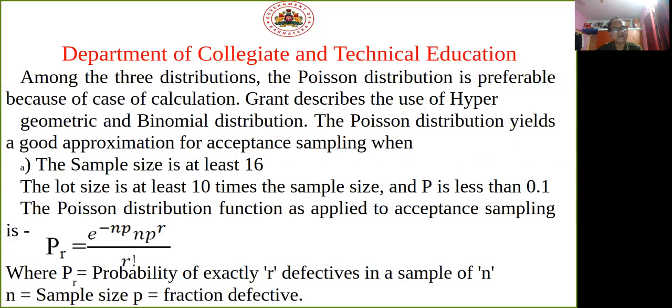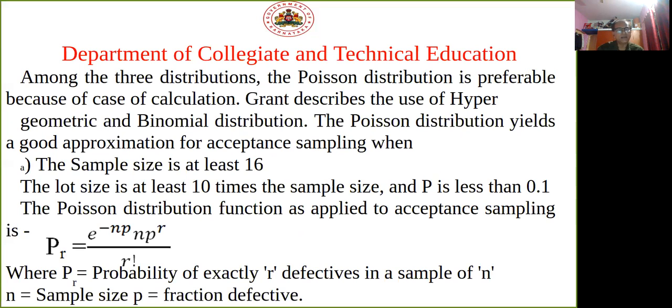As we know, there are three distributions: the hypergeometric distribution, the binomial distribution, and the Poisson's distribution. Out of these three, the Poisson's distribution is used where we can calculate very easily.